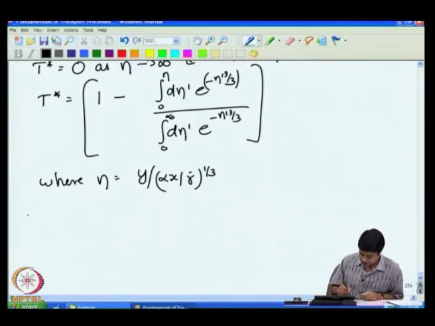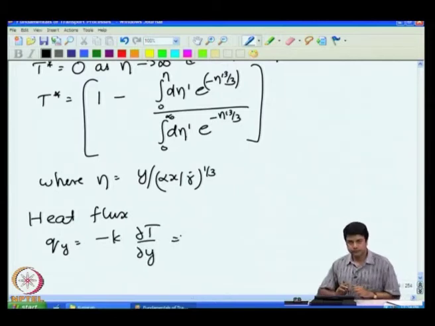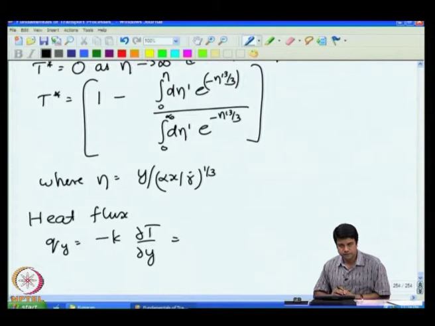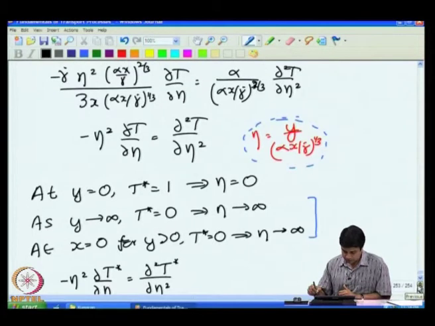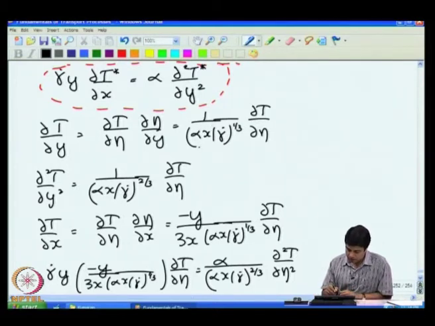Locally, the heat flux Qy is equal to minus k dT by dy. Okay. I have to express this in terms of eta. Okay. So, if you recall, dT by dy is equal to 1 by alpha x by gamma dot power 1/3 times dT by d eta.